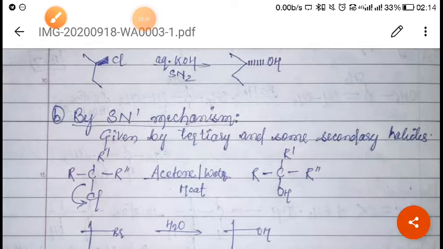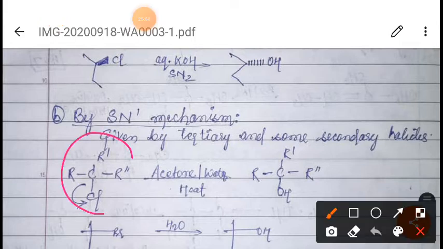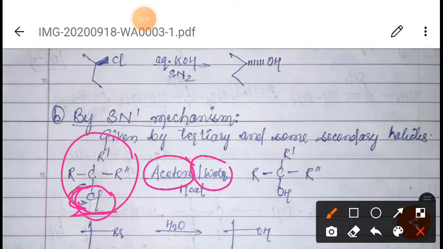So as you can see, when you are using a 1 degree alkyl halide in the presence of acetone and water, the medium should be polar and protic, right? We have discussed this for the SN1 reaction. If the medium is polar as well as protic, then the leaving group, Cl, will leave from here. When Cl leaves, OH will come and attack here, right, as you can see.